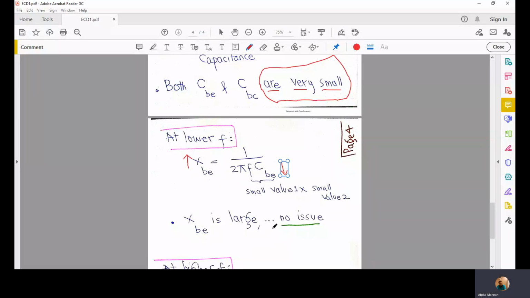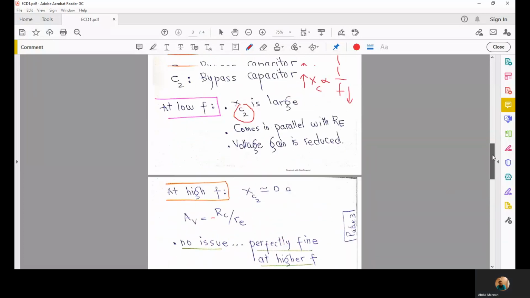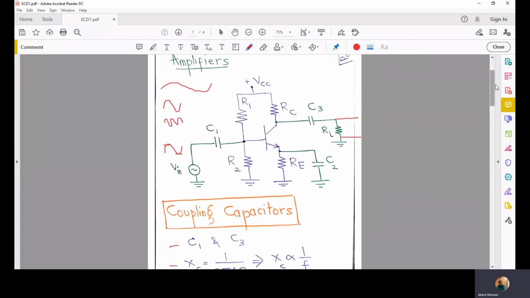So XBE is large at lower frequency. No issue. But at lower frequency, we have already studied that the externally connected capacitors C1, C2, and C3 tend to reduce the gain of the amplifier. So at lower frequencies, these three externally connected capacitors reduce the gain.